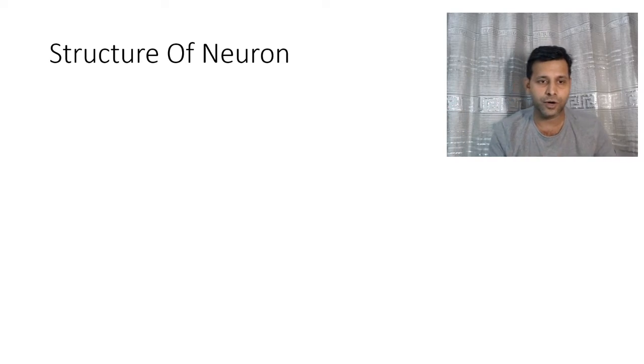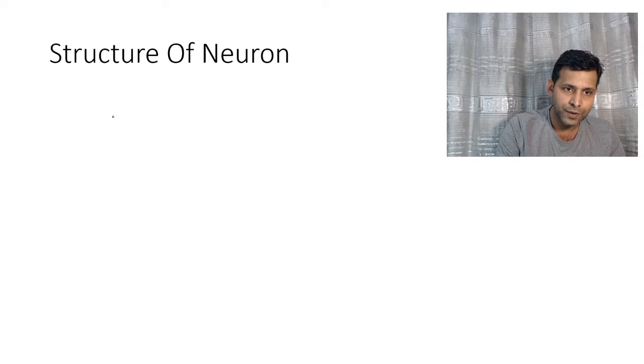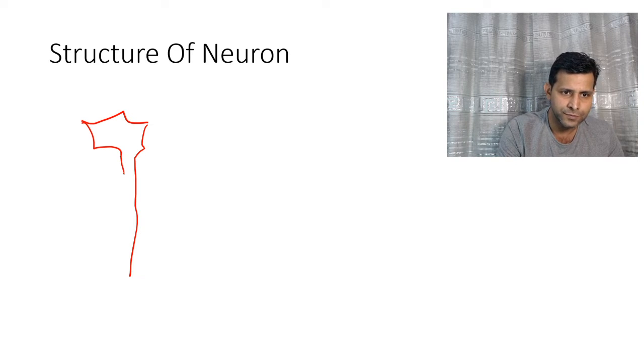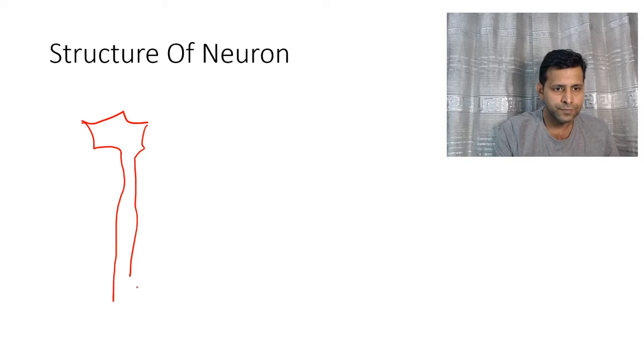Let us draw a basic structure of a neuronal cell. A neuronal cell comprises of three important things: a cyton, an axon, and the processes which are called as dendrons.